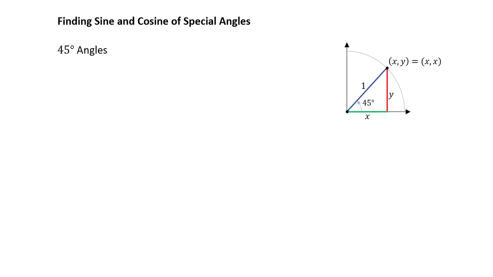Finding the sine and cosine of special angles. Let's look first at 45-degree angles. This would also be pi over 4. So when I look at that on the unit circle, I know that x and y are the same, meaning that the measure of x and y are the same.